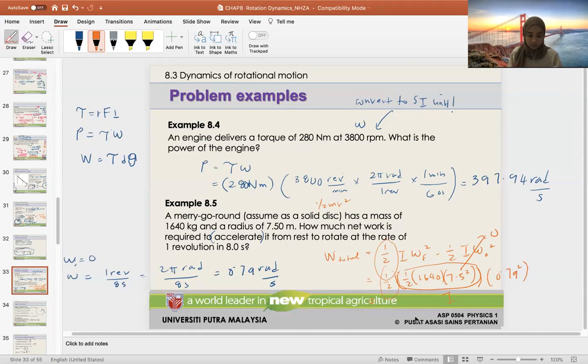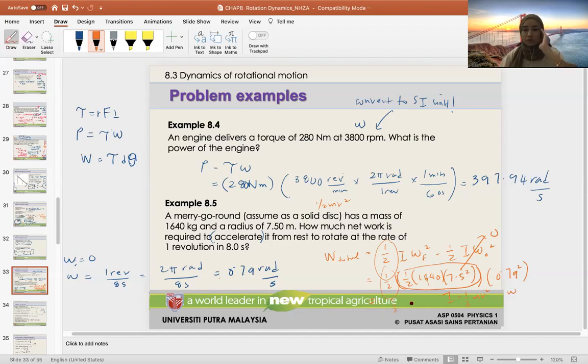Okay, it's 1/2 mr squared. So I is 1/2 times 1640 times 7.5 squared. This is I equals 1/2 mr squared. This one is omega, which is indeed 1/2.